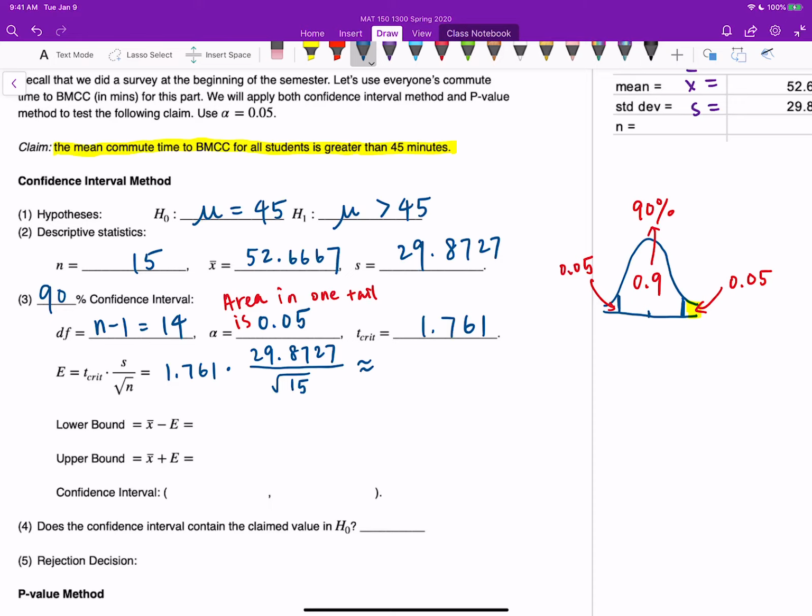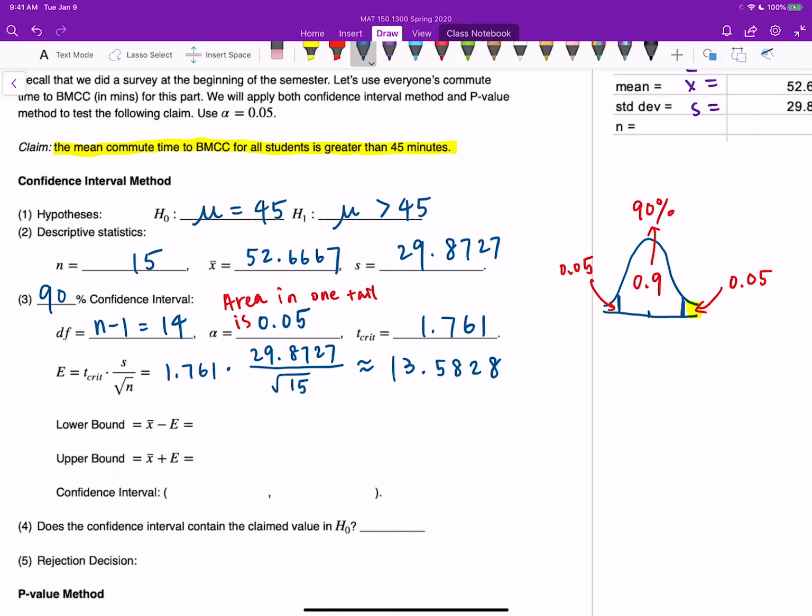Alright, so according to my calculation, I got 13.5828. If I keep 4 decimal places, you might get something slightly different. As long as it's close, that's good enough.